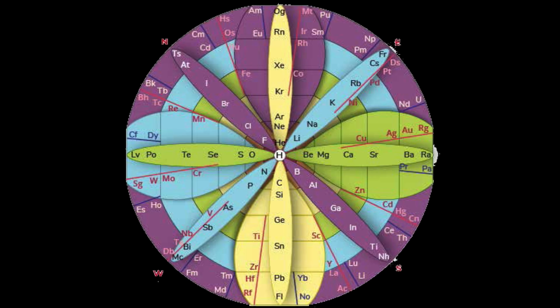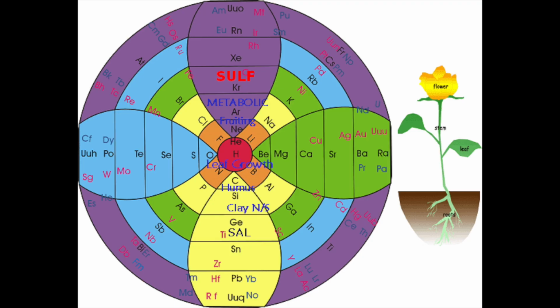And the next thing that happens here is that, when we look at this picture, what we've got is aluminium, silica, and phosphorus. So where do we find that? We find that in clay.